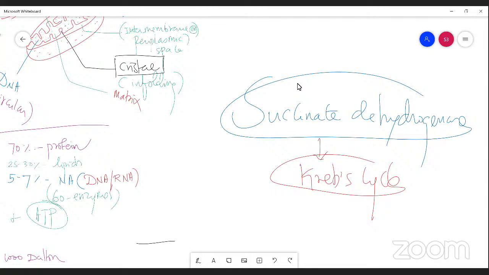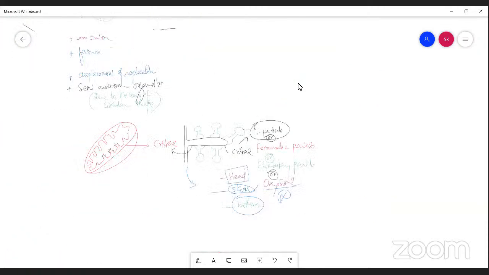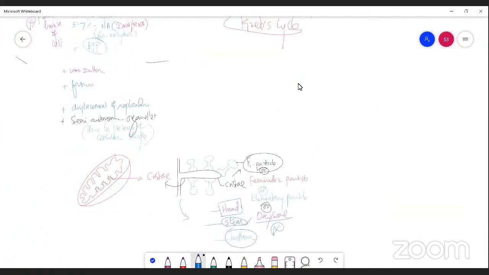Except for these enzymes, which of the following enzymes is not found in the mitochondrial matrix? Succinate dehydrogenase. Generally, where are enzymes present? They are found in the inner membrane.